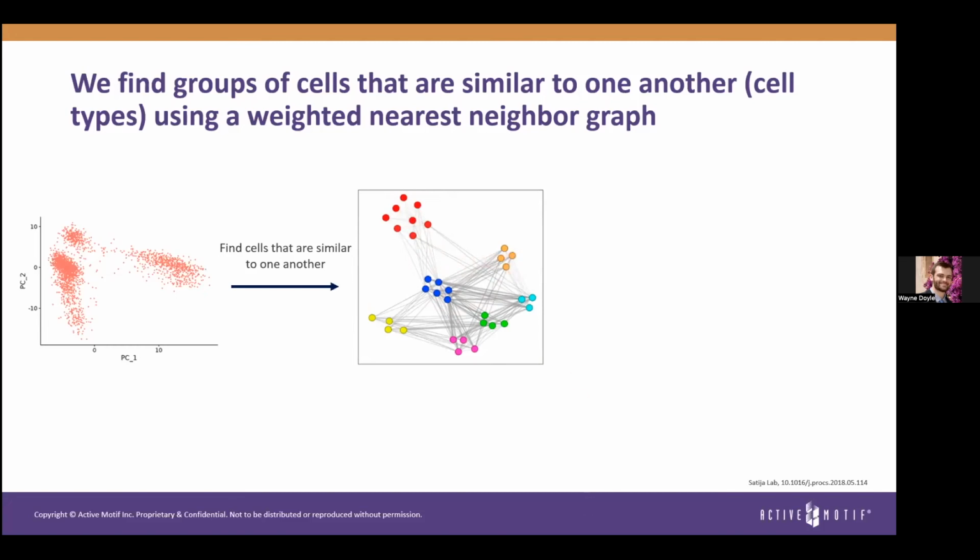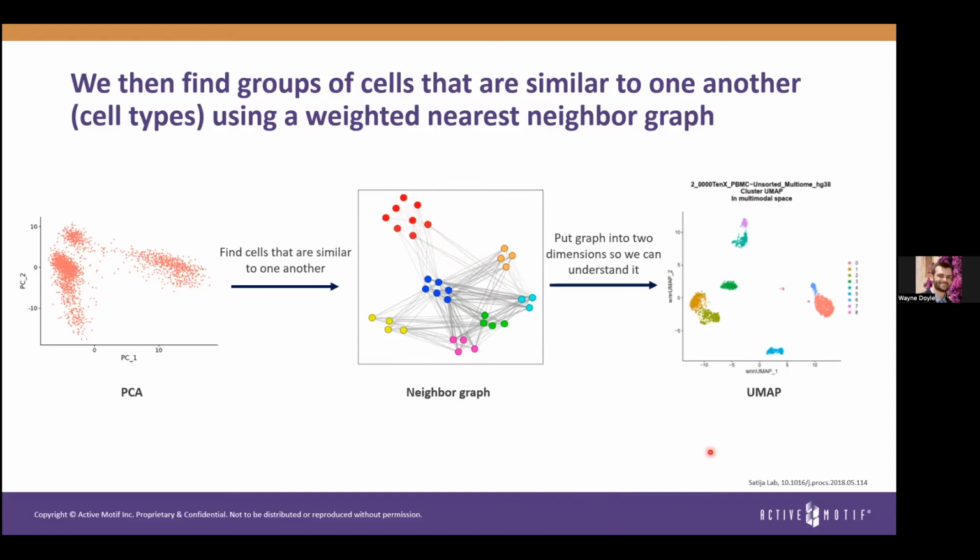To help us visualize it, we do a second procedure called UMAP embedding, which is uniform manifold approximation and projection. This is a procedure where this neighbors graph is in however many dimensions we're looking at from the gene expression and the chromatin accessibility data. So we're basically just saying, if I tried to look at this big graph in 2 dimensions, what would it most look like?